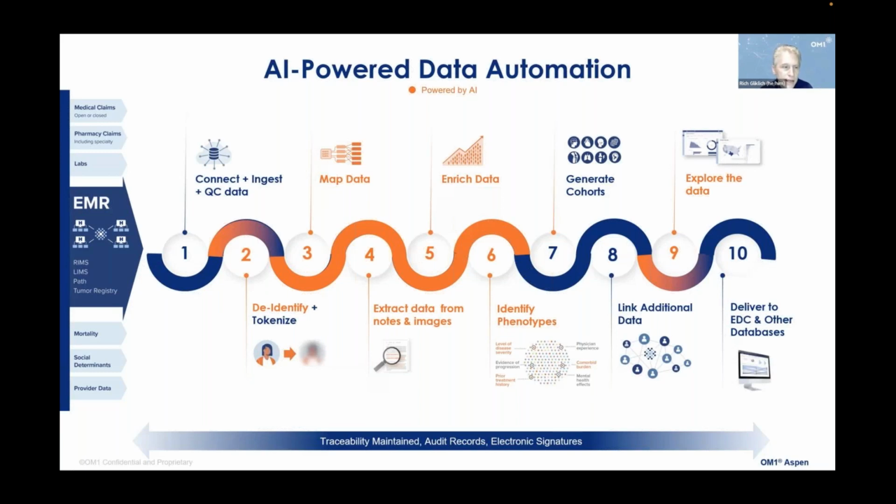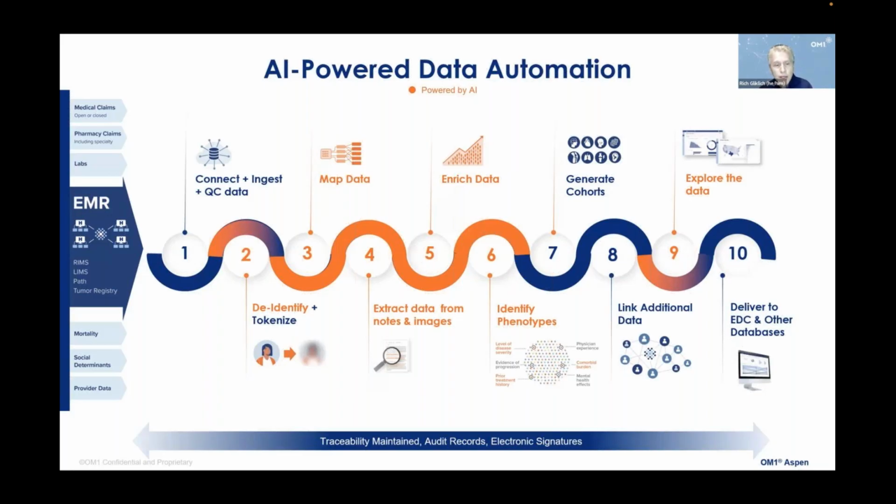And what you see is that we connect to electronic medical records and other systems of record on the left and start bringing data through a series of steps or microservices in a pipeline that ultimately delivers the data into an electronic data capture system to be linked with other data under PI signature or to other databases.